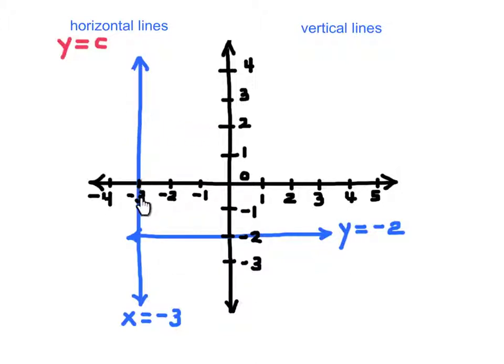So this line has points that contain all values of y, but x can only be negative 3. The formula for a vertical line is x is equal to a constant. It is a vertical line that goes through the value c on the x-axis.